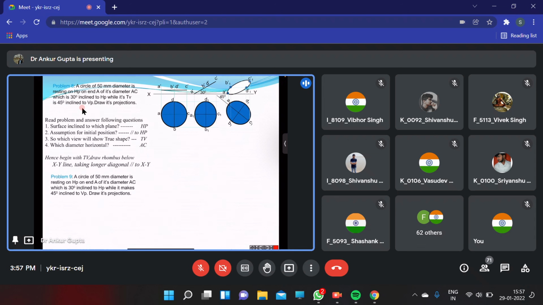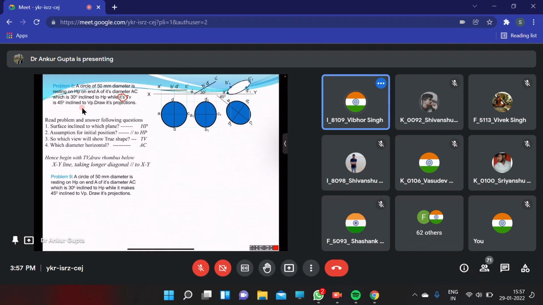When I say top view, what do you mean by it? The plane of the circle is inclined, which is the top is inclined. फिर से देखो. Am I making some sense?